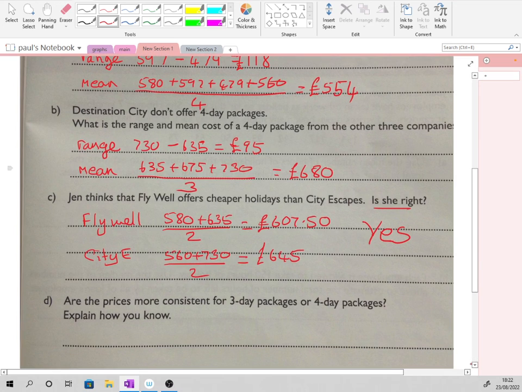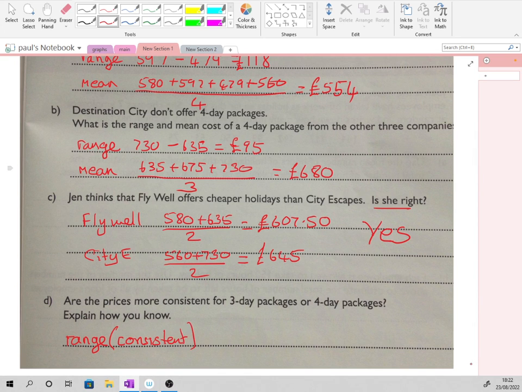Are the prices more consistent for a 3-day package holiday or a 4-day package holiday? Explain how you know. The range tells you the consistency. The smaller the range, the more consistent.